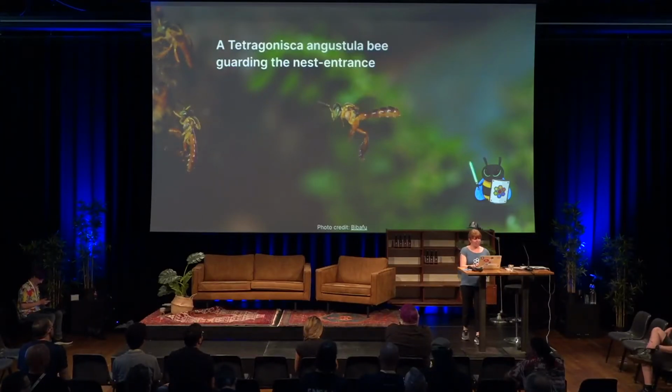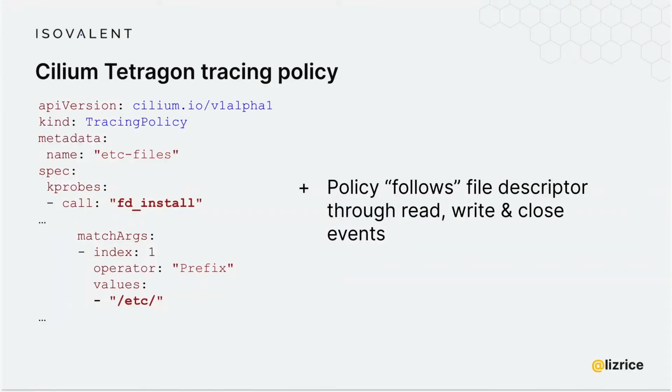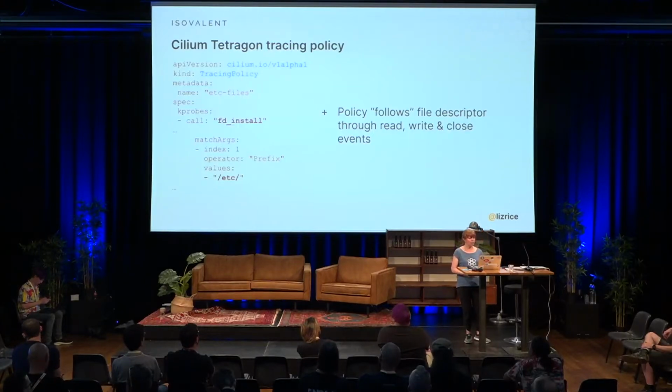So, Tetragon it is. This is a kind of extract of a tracing policy that I'll show you. fd_install is the function that we're using. This is a kernel function for installing a file descriptor. So when we open a file, the kernel has a file descriptor that kind of is the identifier for that open file.